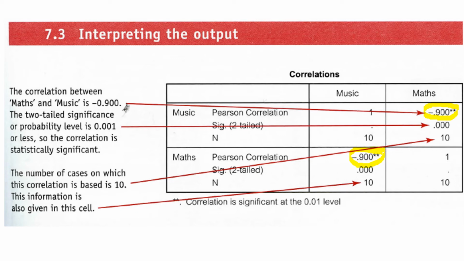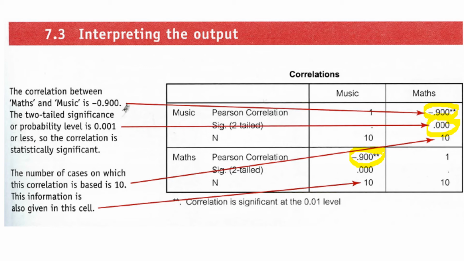So both these scores are showing the correlation between math and music, that is, the coefficient is negative 0.900, and the two-tailed significance, the probability level, is less than 0.001, because it's written here 0.000 or less. So the correlation is statistically significant.